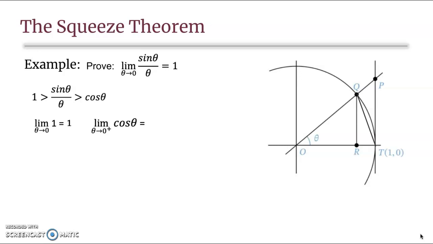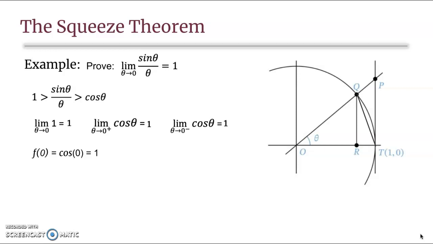So if I approach theta from the positive side, 0 from the positive side, I'm going to get a cosine of theta that equals 1. And if I approach 0 from the negative side, I'm going to get a cosine value of theta that equals 1 again. I also know that f of 0, if my function is cosine of x, is going to be cosine of 0, and that equals 1.